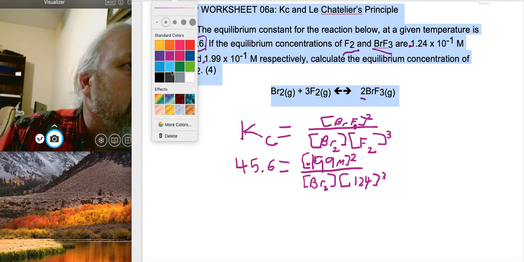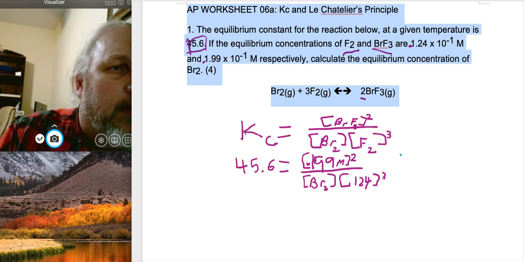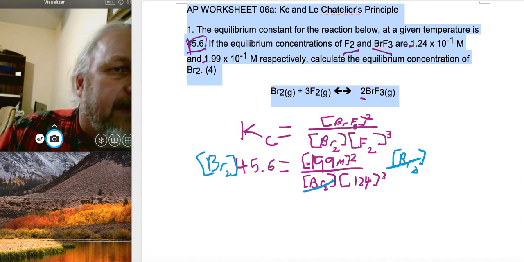If I multiply this side by the concentration of the bromine, I can cancel the bromine out, and if I do it to one side, I've got to do it over here, and that's times 45.6.